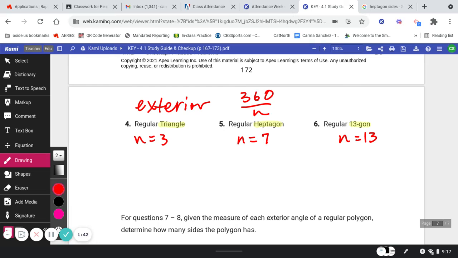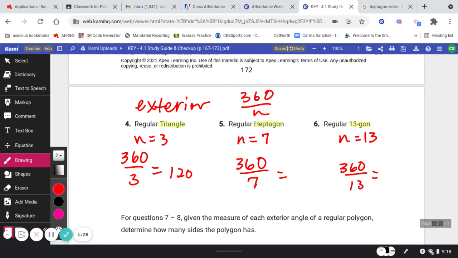All right, so now that we know the number of sides, we're just going to do this little formula: 360 divided by the number of sides. So go grab your calculator. First one is 120 degrees. Next one is 51.42, nope, 43, rounding up.